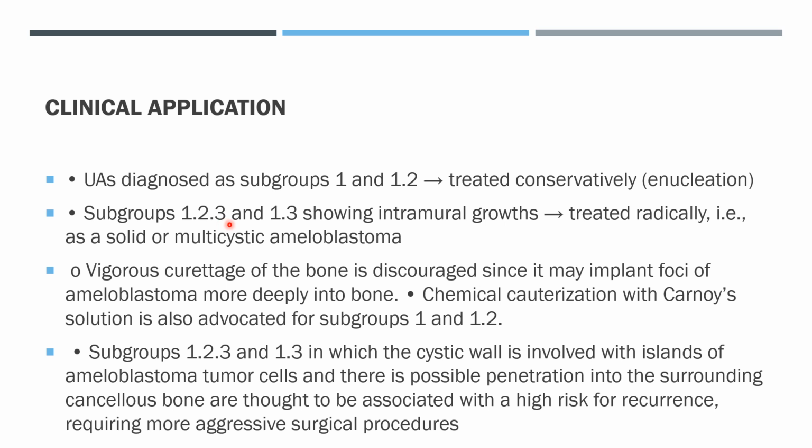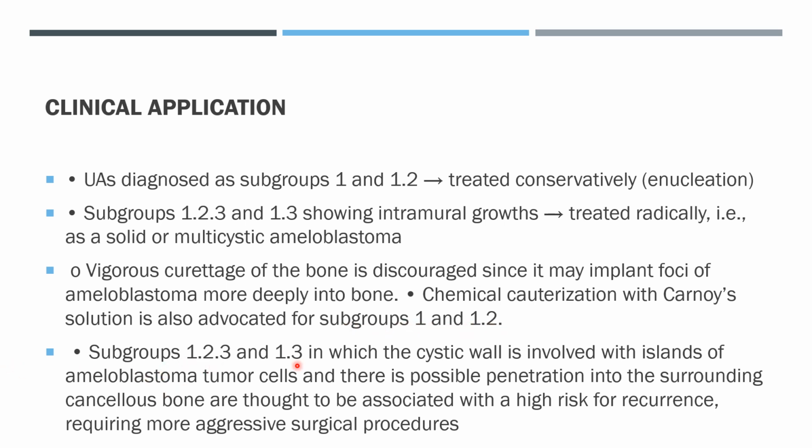Subgroups 1,2,3 and 1,3, showing the intramural growth, are treated radically, as a solid or multicystic ameloblastoma. Vigorous curettage of the bone is discouraged since it may impact the foci of the ameloblastoma more deeply into the bone. Chemical cauterization with Carnoy's solution is also advocated for subgroups 1 and 1,2.